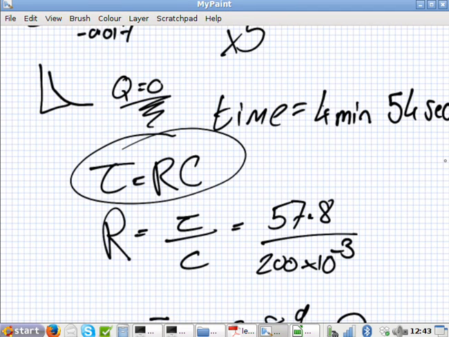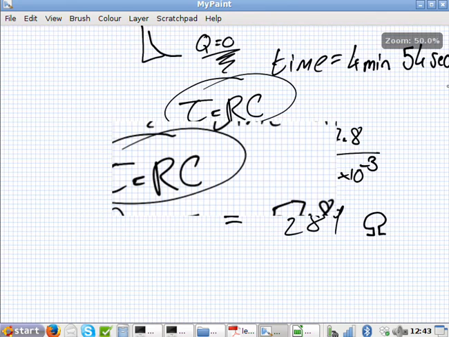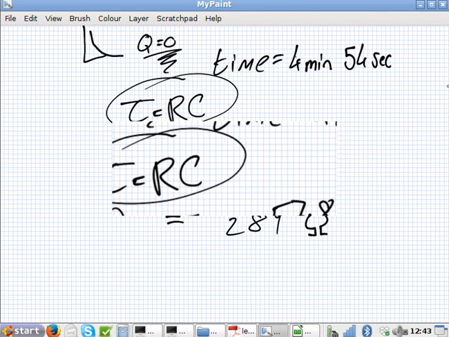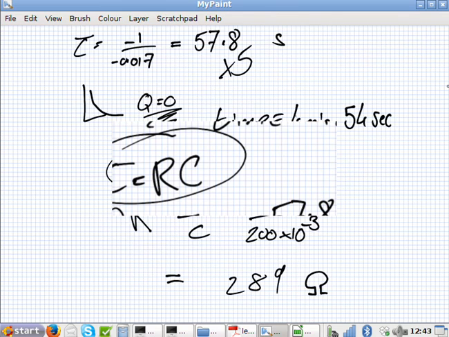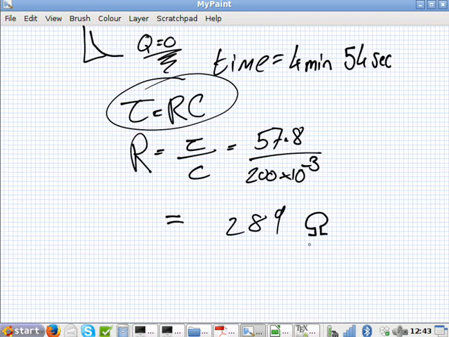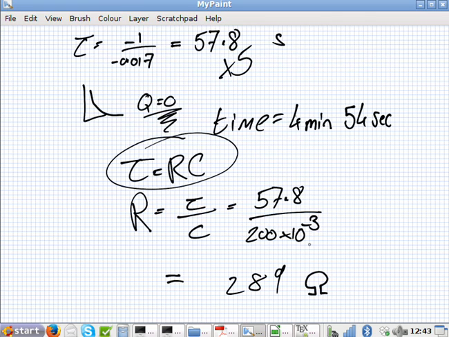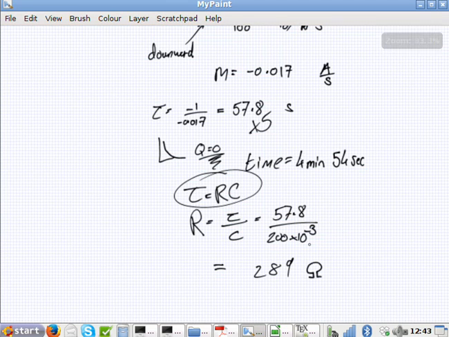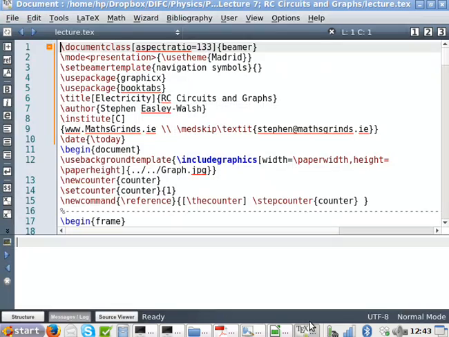So, for example, if the time constant is 1, then the time to discharge is 5 seconds. This means on your graph, it takes 5 seconds to get to 0. If the time constant is 2, it takes 10 seconds to get to 0. If the time constant is 3, it'll take 15 seconds to reach 0.